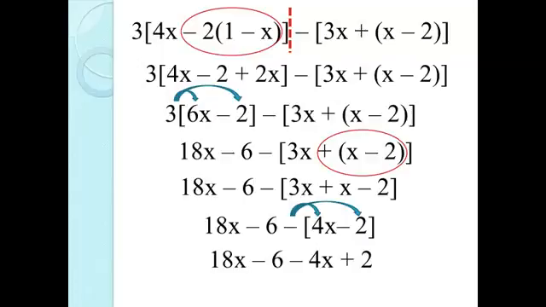At this point, we have nothing left to distribute. We can simply combine like terms. 18x plus negative 4x is positive 14x. A negative 6 plus 2 gives us a negative 4. Our simplified expression would then be 14x minus 4.